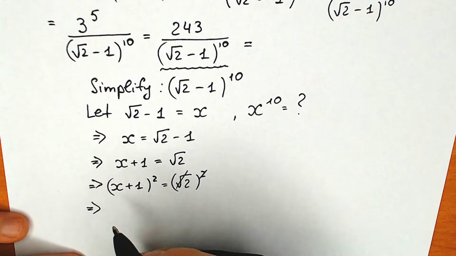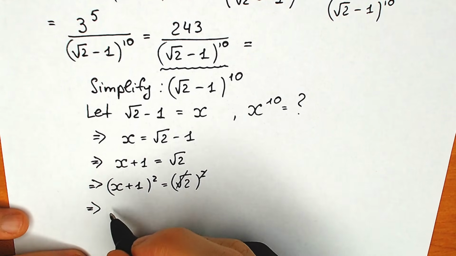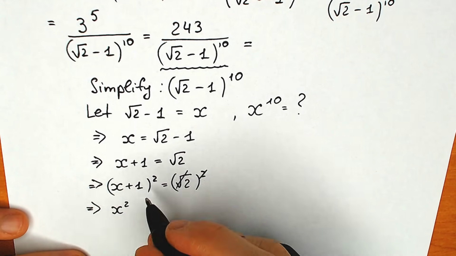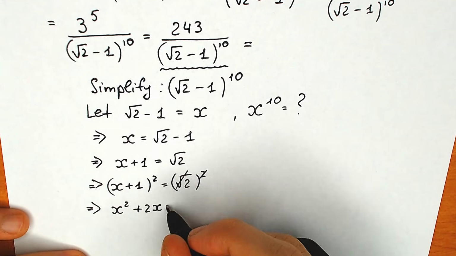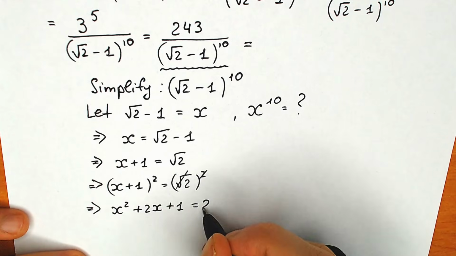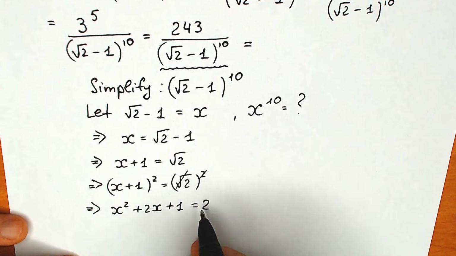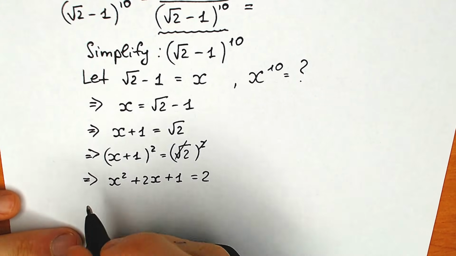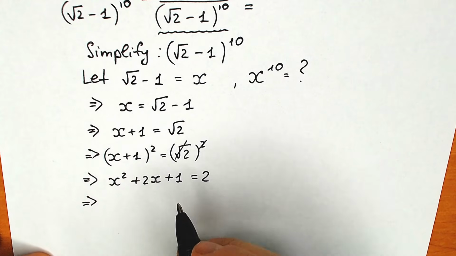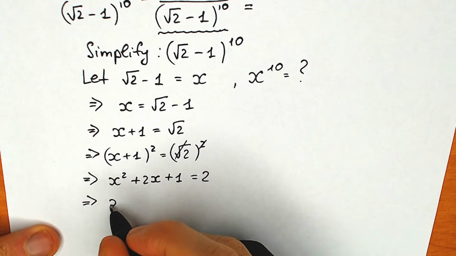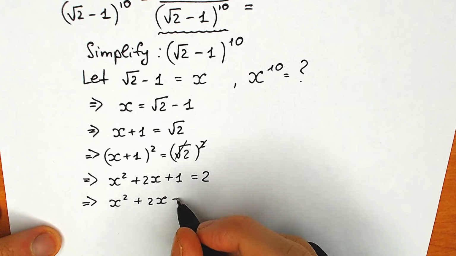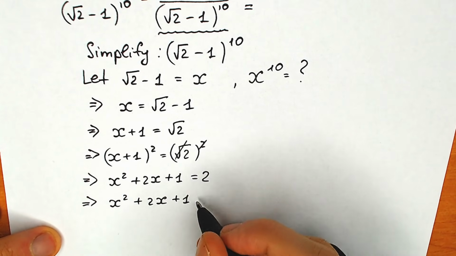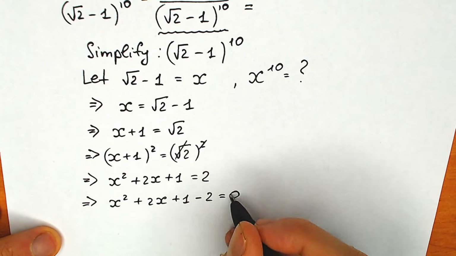On the left side, we have a basic identity, x squared plus 2x plus 1 equal to 2. Now we write this 2 on the left side with the negative sign, so minus 2 equal to 0.